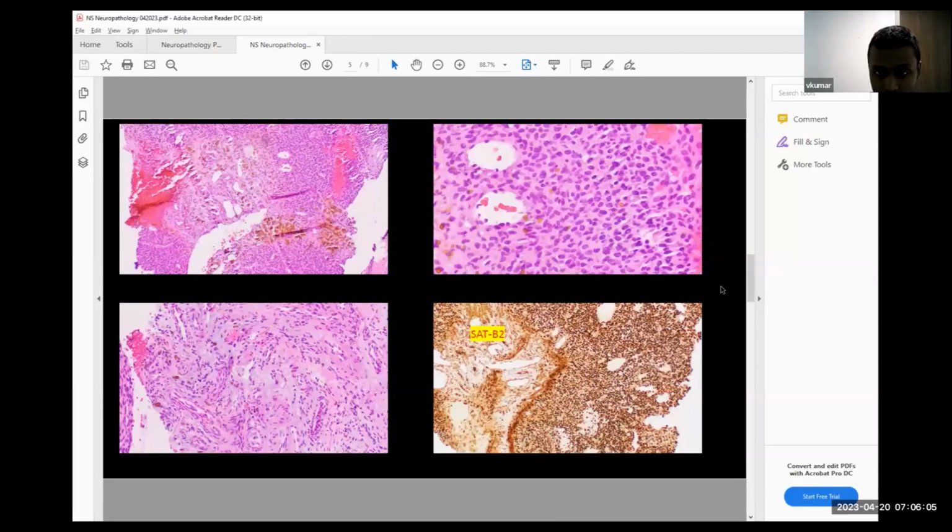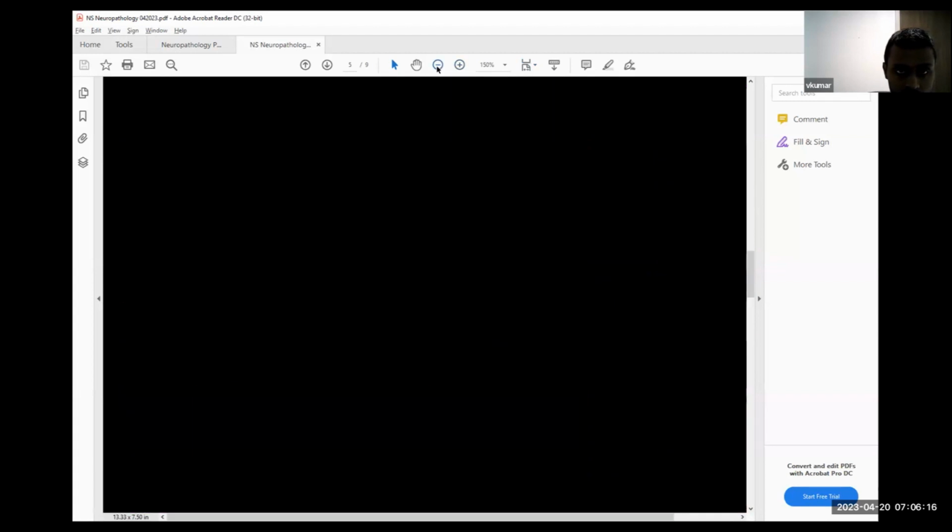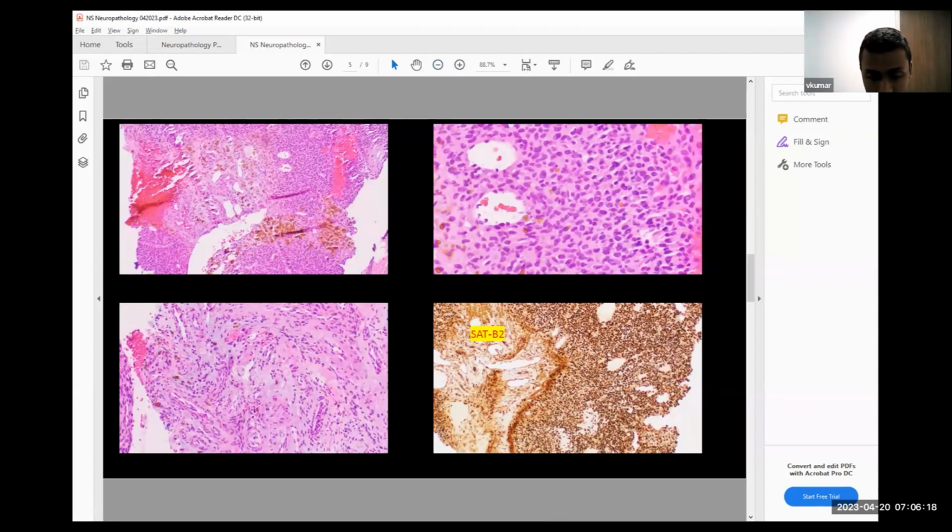Good morning. So this is the phosphaturic mesenchymal tumor.